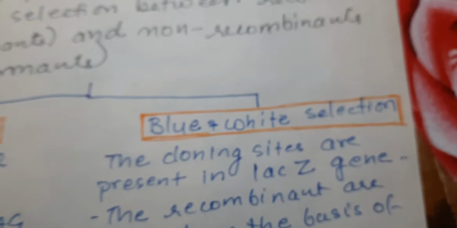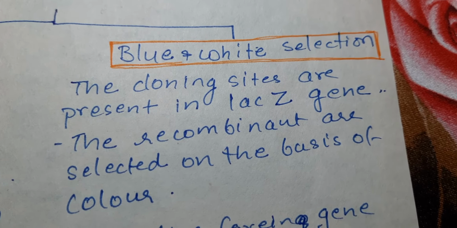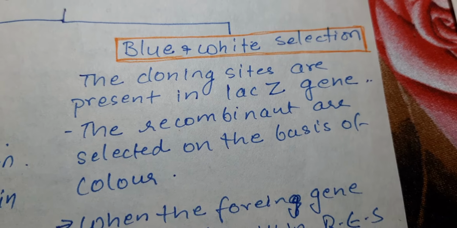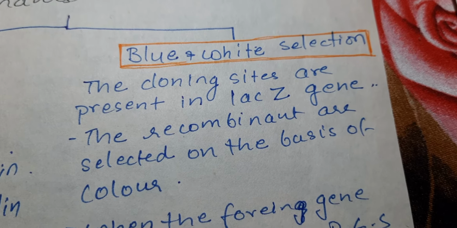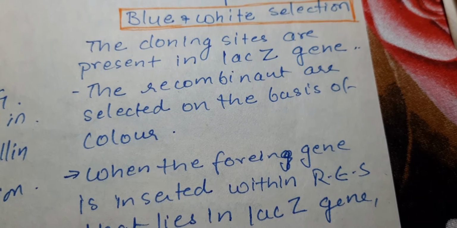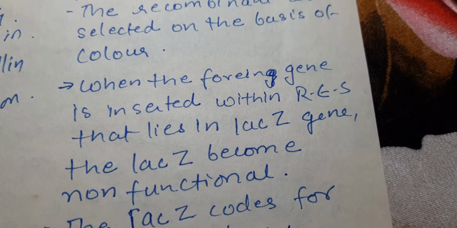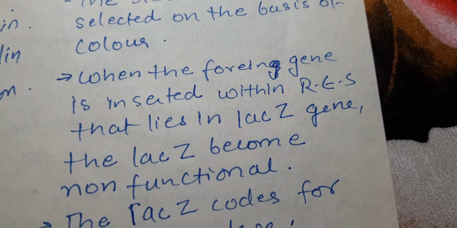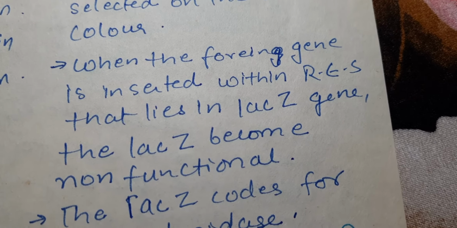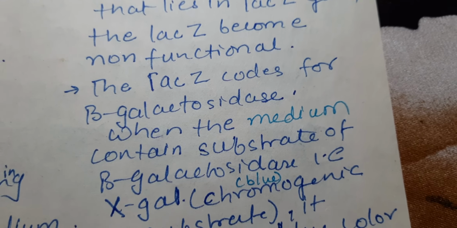Next we will see the blue and white selection. Okay, in blue and white selection, the cloning sites are present in the lacZ gene. The recombinants are selected on the basis of color. When the foreign gene is inserted within a restriction endonuclease site that lies in the lacZ region, the lacZ becomes non-functional. The lacZ codes for beta galactosidase.